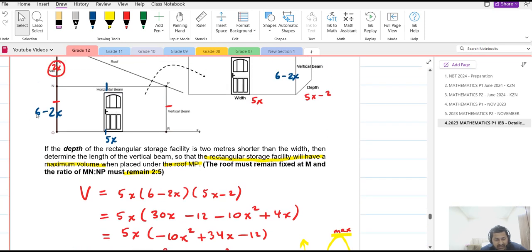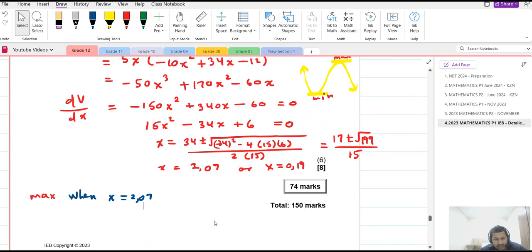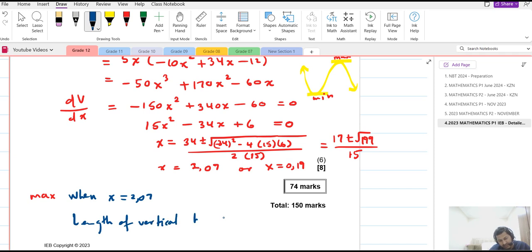It is 6 minus 2x. So the length of the vertical beam is equal to 6 minus 2x.